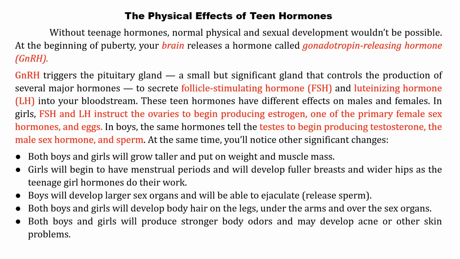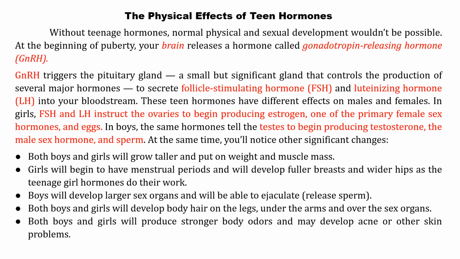The GnRH triggers the pituitary gland, which is a small but significant gland that controls the production of the major hormones, to secrete follicle stimulating hormone, the FSH, and luteinizing hormone, the LH, into your bloodstream.